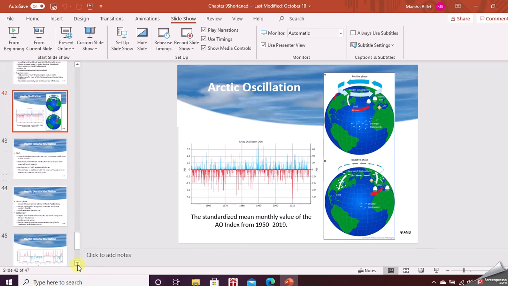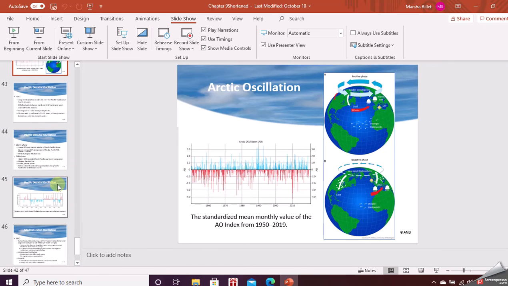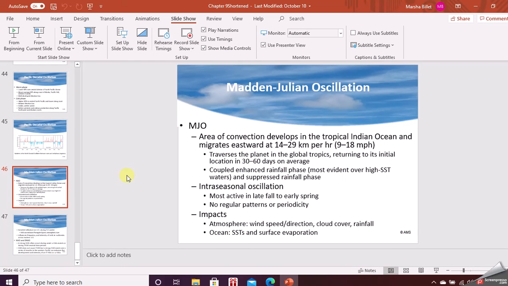Finally, they talk about the MJO, the Madden-Julian Oscillation. What it is, areas of thunderstorms develop in the Pacific, the tropical Indian Ocean area, and they migrate to the east. They have been traced to cause major cyclogenesis around the globe. They basically make a transit around the whole globe in 30 to 60 days.